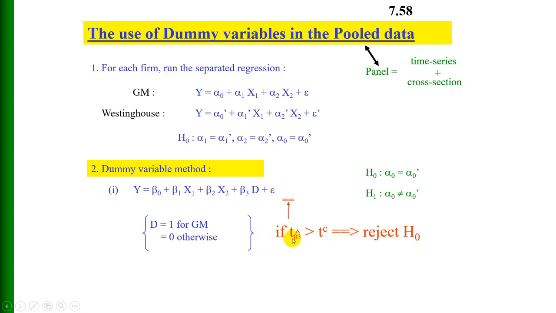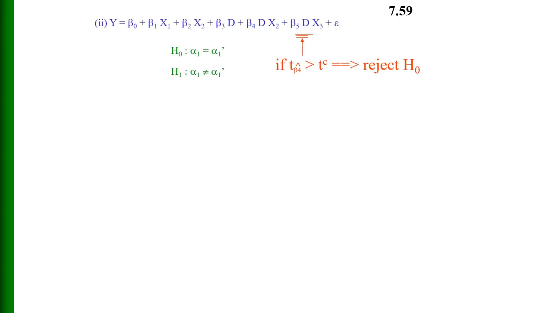So if t computed is greater than t tabulated, then we will reject H0. Again, in this model you see, if t computed is greater than t tabulated, then we reject H0. Similarly for this, if t computed is greater than t tabulated, then we will reject H0.